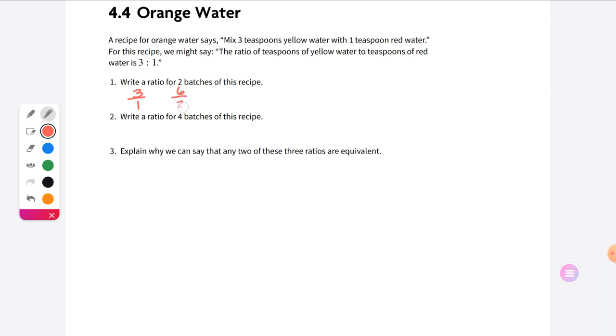Who can give me another one? Bryce? Did you guys already say 6 2? Yep. So this one's the original. We did times 2 to get 6 over 2. Who can give me another one? Mallory, give me another one.